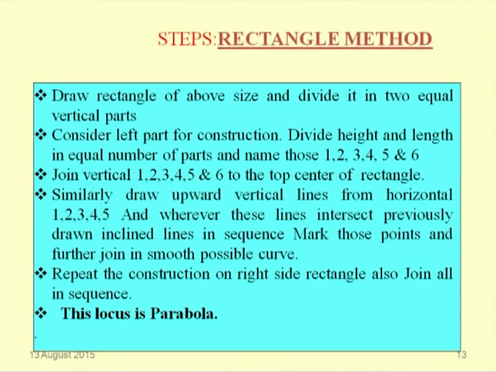Similarly, draw upward vertical lines from horizontal points 1 to 6, and wherever these lines intersect the previously drawn inclined lines in sequence, mark those points and join them in a smooth curve. Repeat the construction on the right side of the rectangle and join all these points in sequence. So this is known as a parabola.